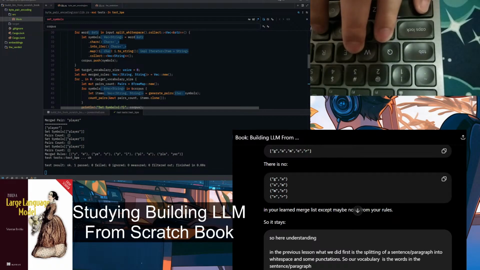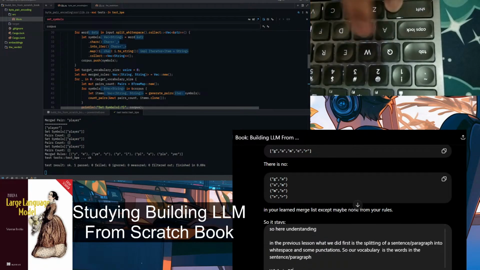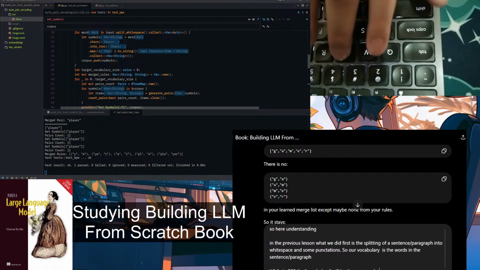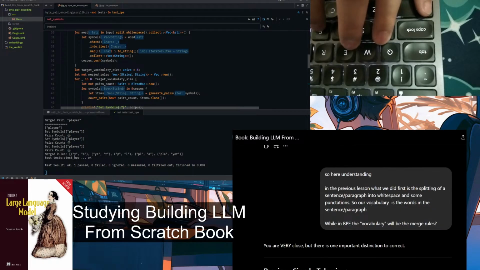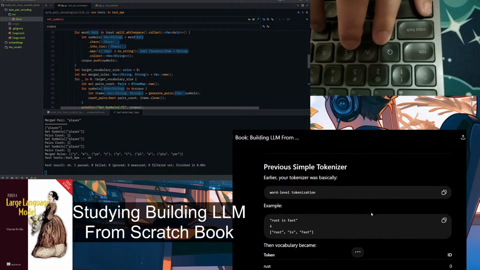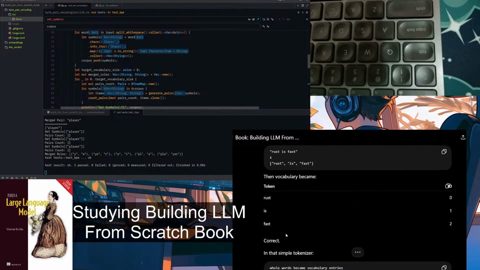Rust programming language. So vocabulary is the words in the sentence or paragraph, while in BPE the vocabulary will be the merge rules. Okay, so word level tokenization: Rust is fast, then vocabulary begins.